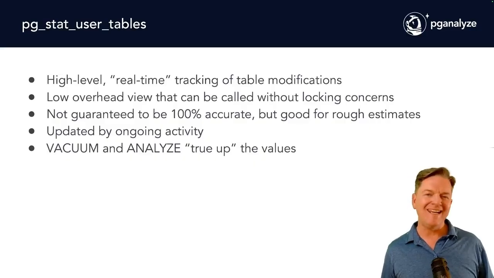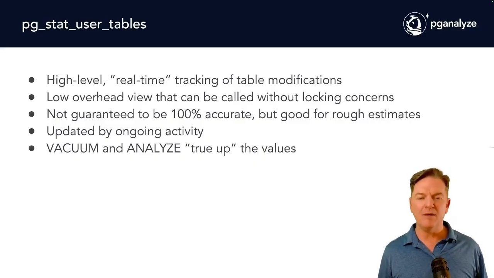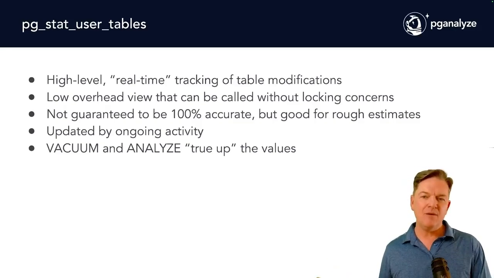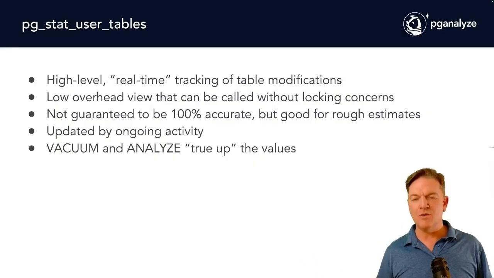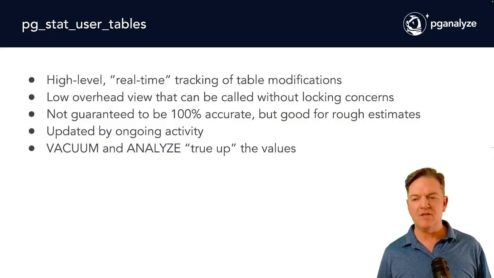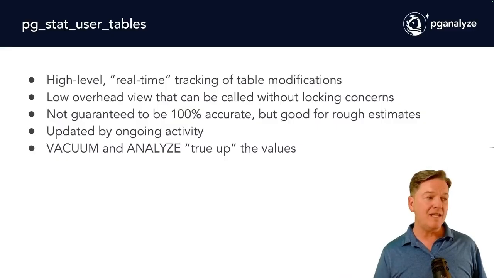However, the numbers aren't guaranteed to be accurate because they are being updated in real time through multiple processes, and sometimes they just don't reflect exactly what's happened until the table is vacuumed and analyzed. There are a couple of values that are updated with vacuum and a couple that might be updated with analyze. So when those things have run, you can rely on those numbers for some period of time. But again, this is a great way to get a rough estimate.